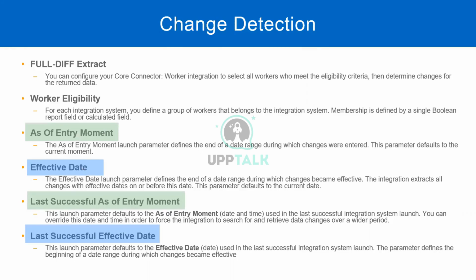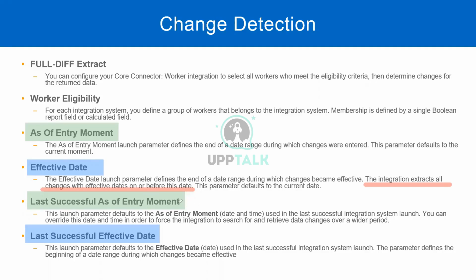You see, the integration extracts, for the effective date I'm talking about, all changes with effective date on or before this date. Very important parameter, a very important point. All changes with effective dates on or before this date, meaning the effective date.